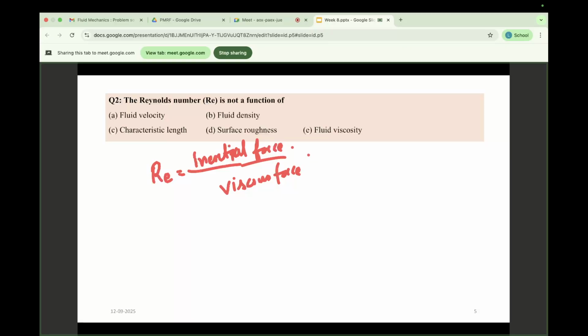From there you can understand this formula, rho v L by mu. Sometimes you will find D, so that is another thing. Here rho is the density, v is the velocity, L is the characteristic length. That characteristic length can be equal to diameter in case of a tube, based on the problem. And mu is the dynamic viscosity.